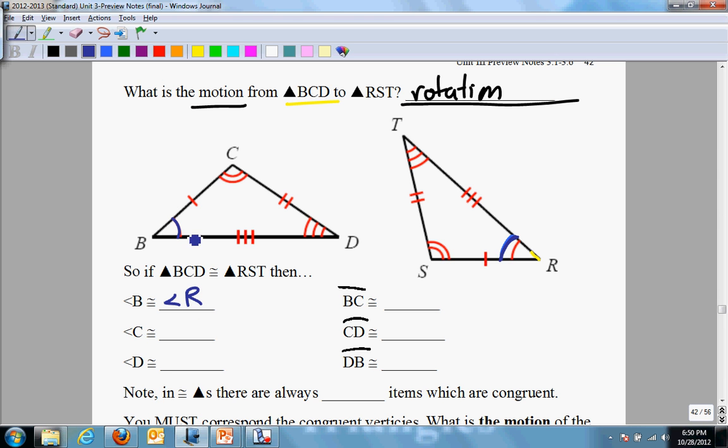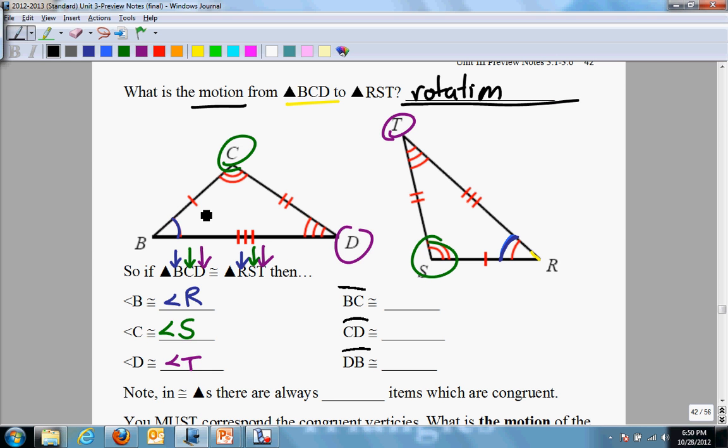And angle C, double sweep, is congruent to S. And angle D is congruent to angle T. You can see how these correspond right from the letters. B is congruent to R. C is congruent to S. D is congruent to T. These are called corresponding vertices.